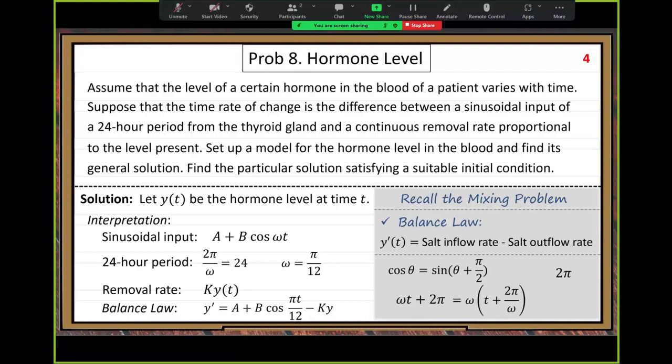So if I make questions, I like to choose suitable constants that give a good looking formula. If it's a nasty formula, I won't give you that kind of question.